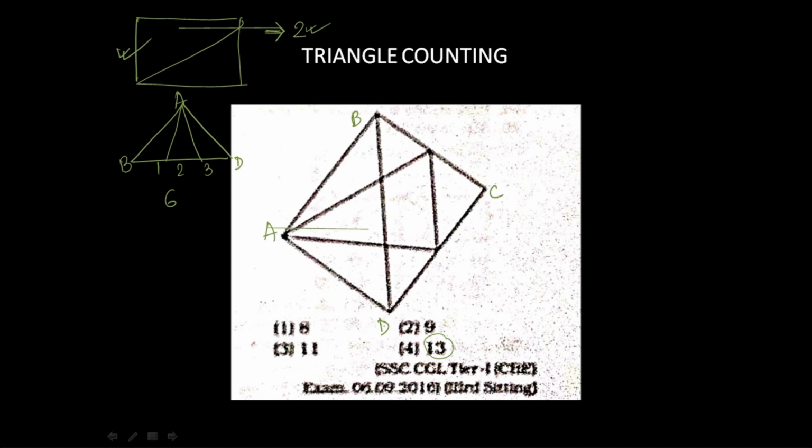So now there are 5 triangles, and before we had calculated 2, so it's now 7, right? Now 8, 9, 10, the bigger one, this one, 11.